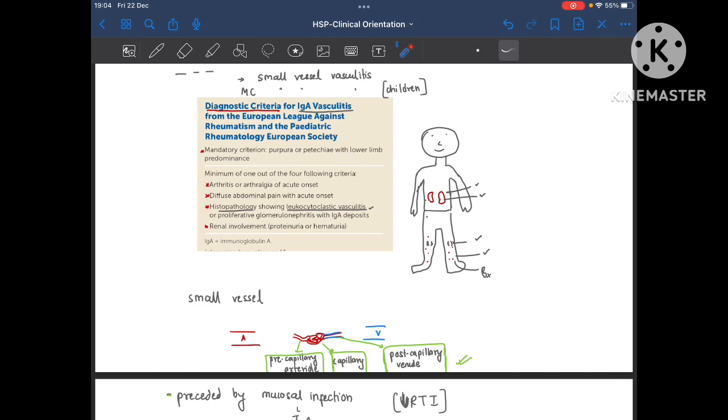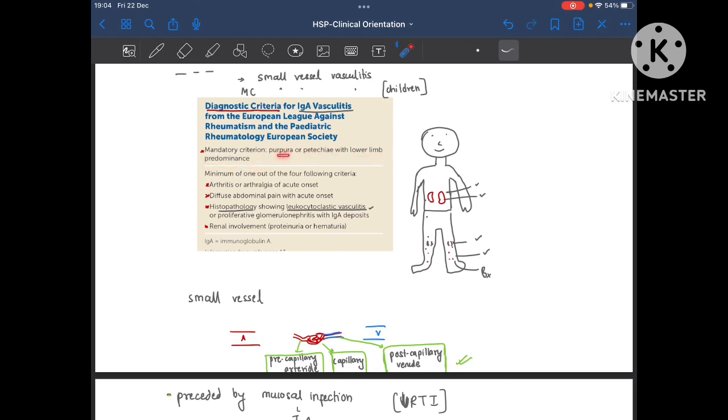The mandatory criterion, I have said, is the pathognomonic lesion, which is purpura or petechia with lower limb predominance. It is more commonly present in the lower limbs because gravity dependent area, pressure points.